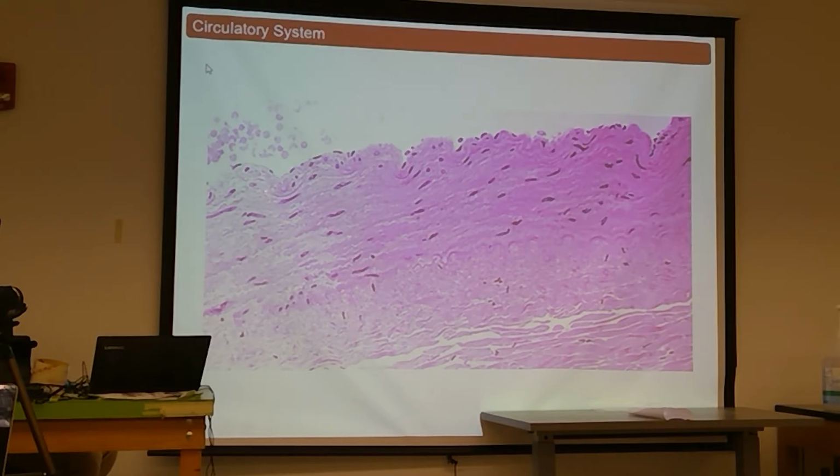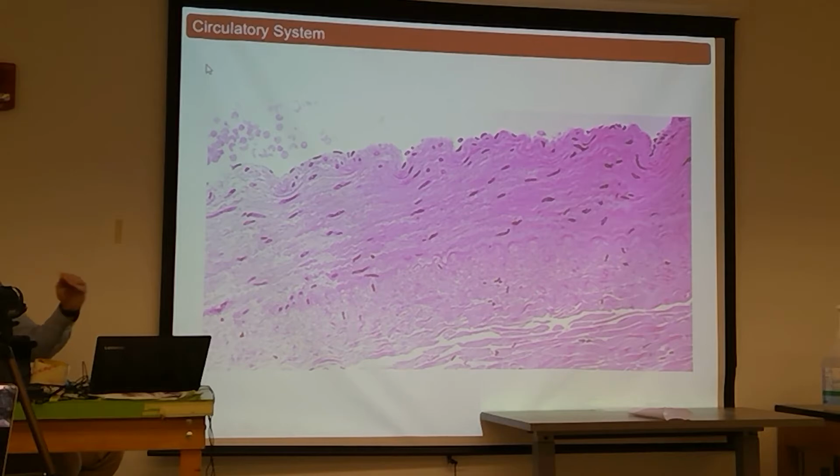And if you can see this here, this is a little wavy line, just a little bit. You can see that darker staining. What would that structure be? Internal elastic membrane. That's what we'll be able to see. This one's not as good as another slide we'll see, where it stains a lot better.